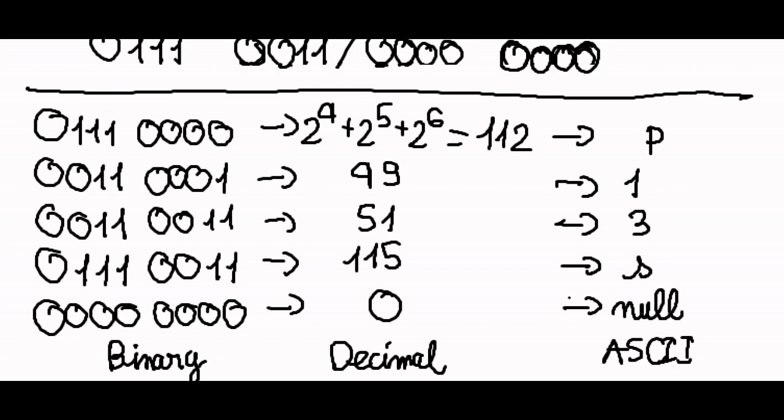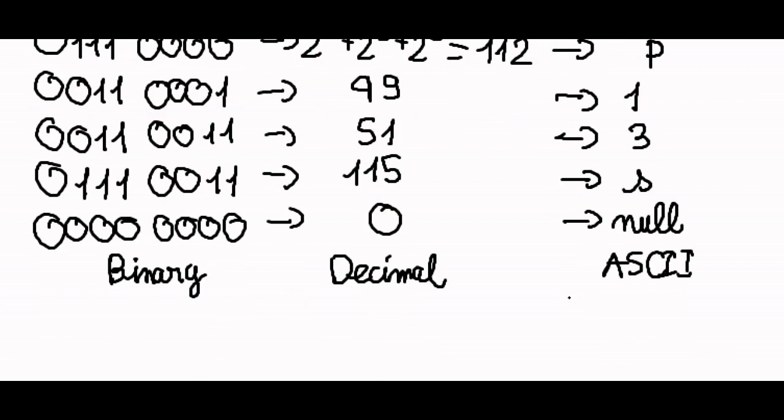And so the answer to this exercise is, we just rewrite the ASCII that we translated, which is P13S. And that is our answer for exercise number 18.